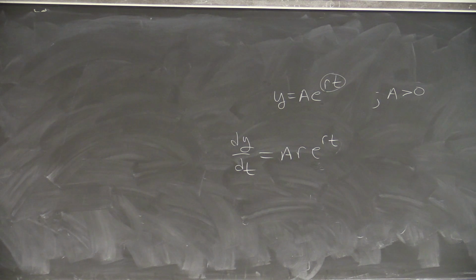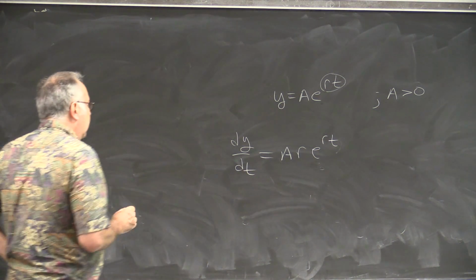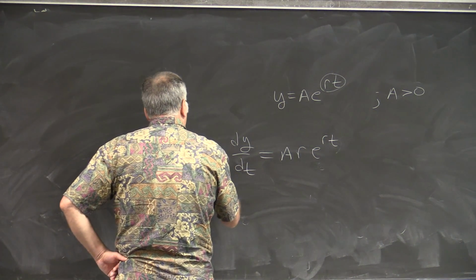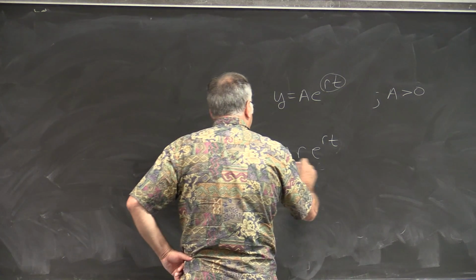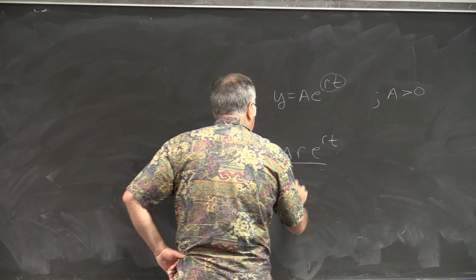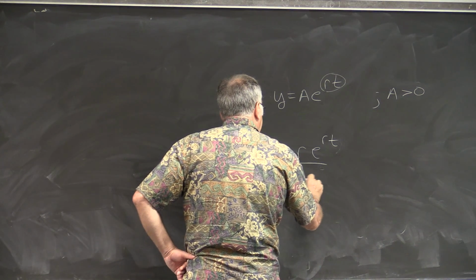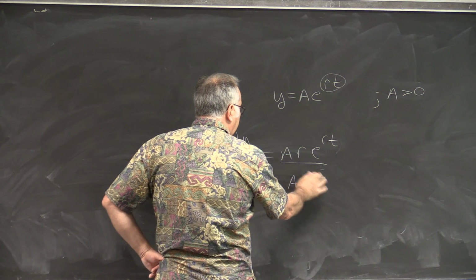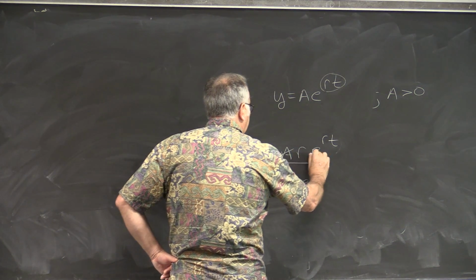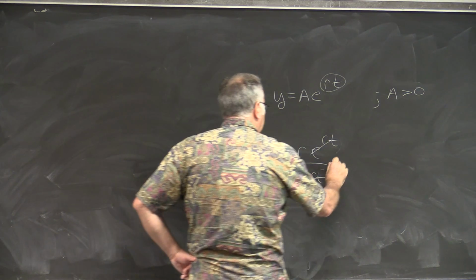And we just proved that a moment ago using the chain rule. What if we multiply both sides of this by 1 over y? Well, here we put a 1 over y, so we have to divide this by y. What is y? A times e to the rt. A times e to the rt cancels out.